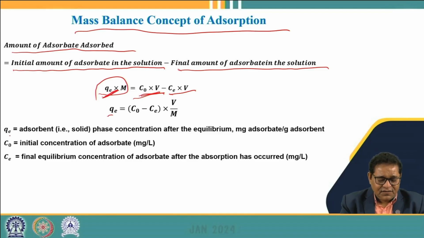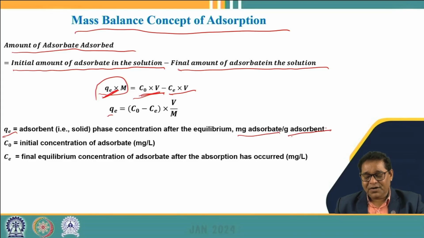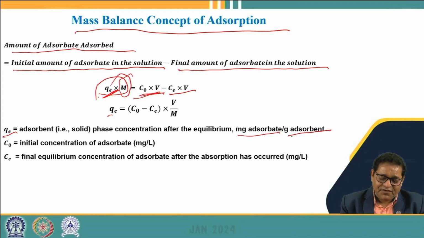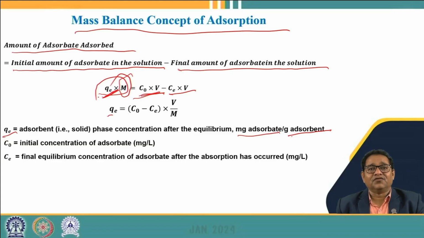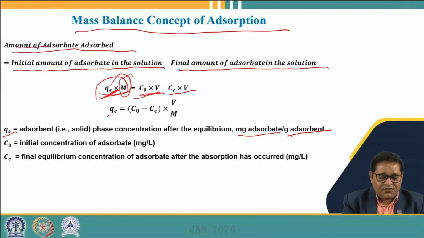Qe is the milligram of adsorbate adsorbed per gram of adsorbent, and M is the weight of the adsorbent that is added. So multiplying these will give you the total amount of adsorbate that is adsorbed.